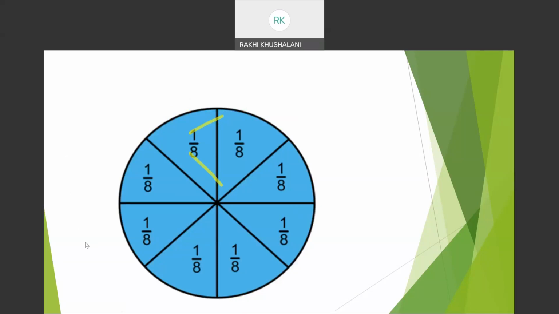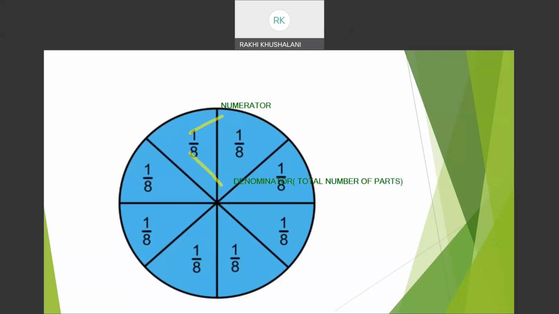So as I said, the top number is called the numerator and the lower number is called the denominator. Correct? And we put a line. The denominator represents the total number of parts.